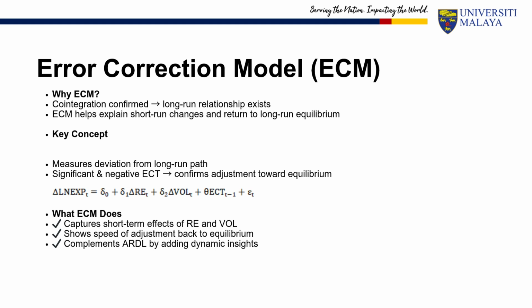And ECT is an error correction term to capture long run deviation in this equation. And theta is the speed of adjustment coefficient and is statistically significant. A negative theta confirms the presence of long-run adjustment dynamics.